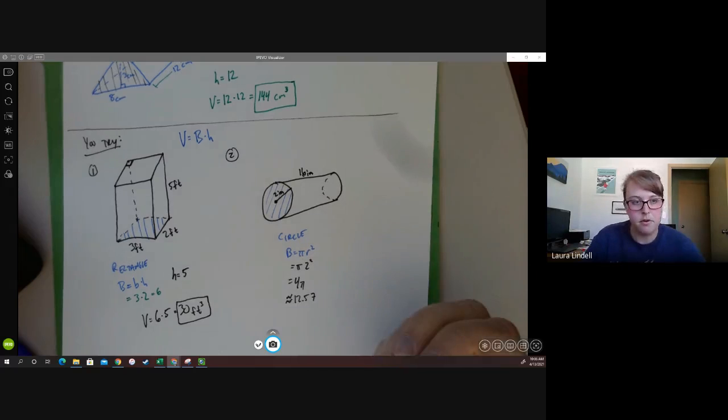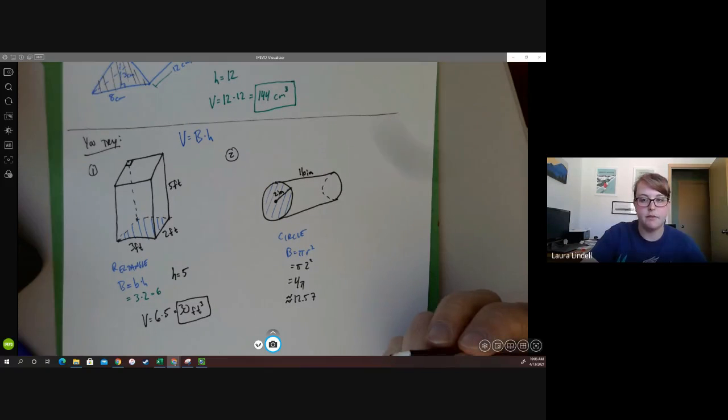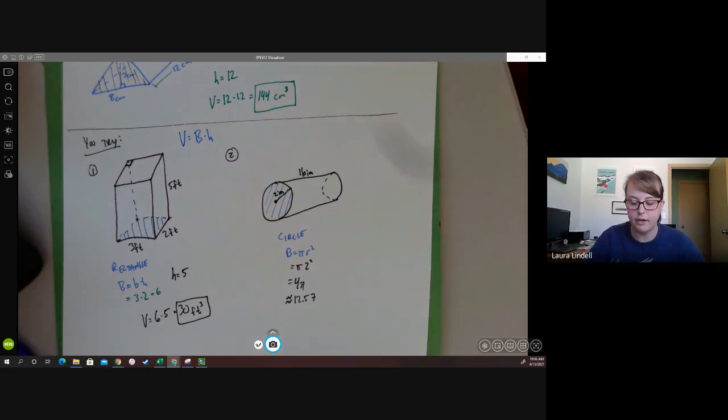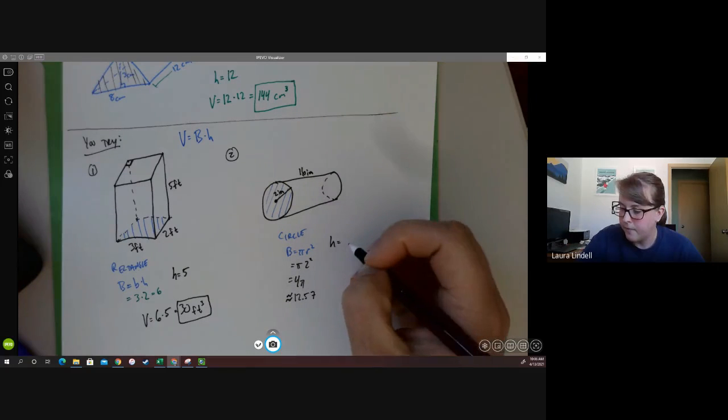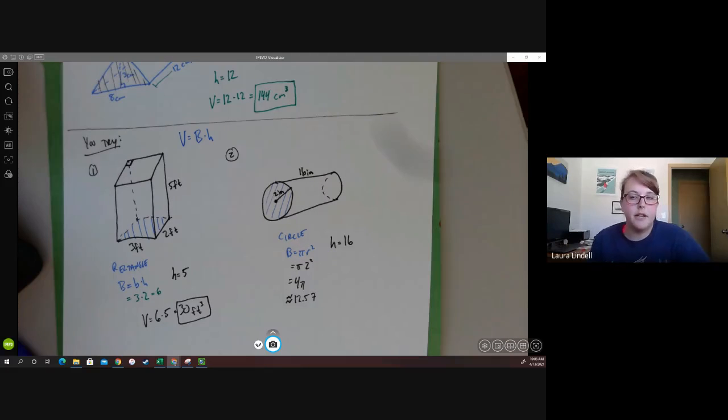Or you could do 12.566 if you want to keep an extra decimal place just to have a little bit more accuracy. And then the overall height here, if you chose 16 for that, you're on the right track.